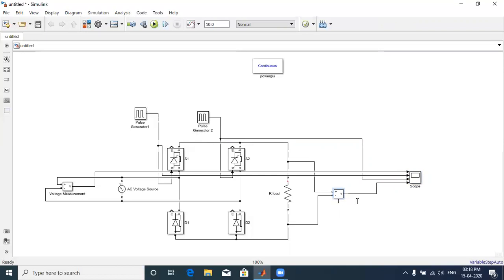So you have seen in theory how the input and output waveforms look. This is input voltage. Okay, so now double click on AC source.